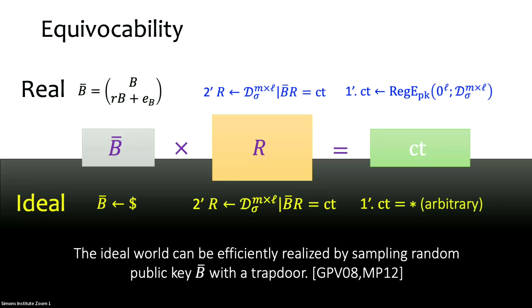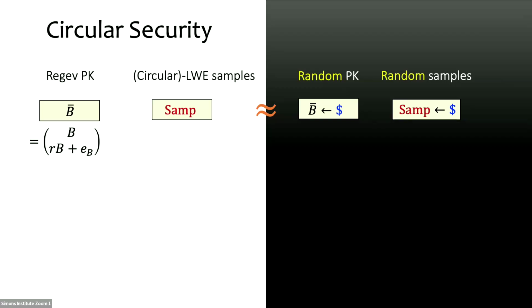In fact, this distribution can be efficiently sampled if we sample the public key B bar with a trapdoor.